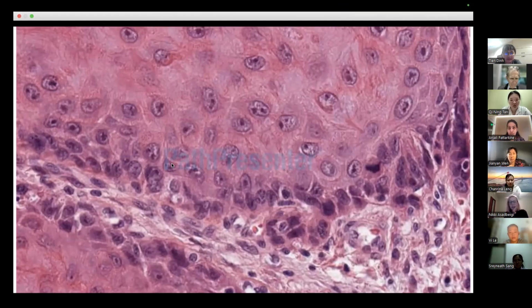Very good job. We're having someone saying it looks like SCC. Very true. It looks like SCC because we are having a proliferation of epidermis. As Angela said, there are polygonal cells. We have a lot of cytoplasm, and that's the reason it's pink. Remember, the nuclei are blue, the cytoplasm is pink.